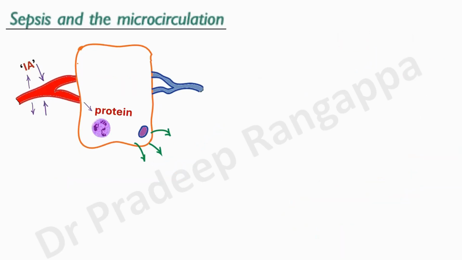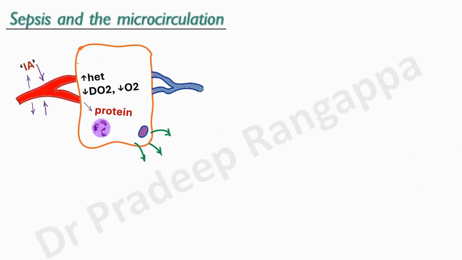In sepsis, as you see, there is inappropriate vasodilatation or inappropriate constriction of this microcirculation. Because of this, the structural integrity of the microcirculation gets lost, and there is release of proteins in the cells, which typically you would see in a condition like ARDS.